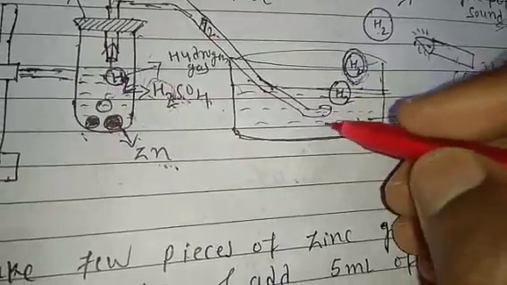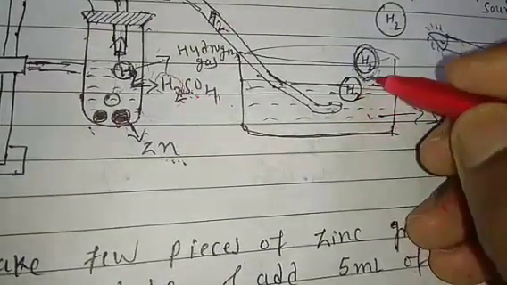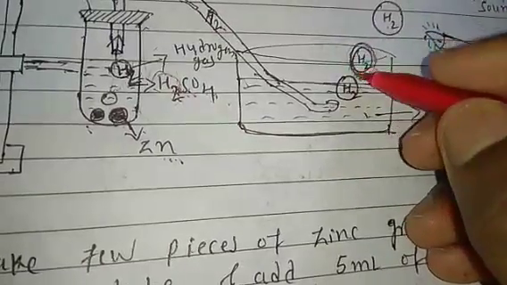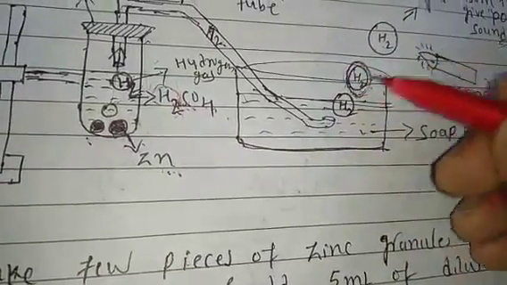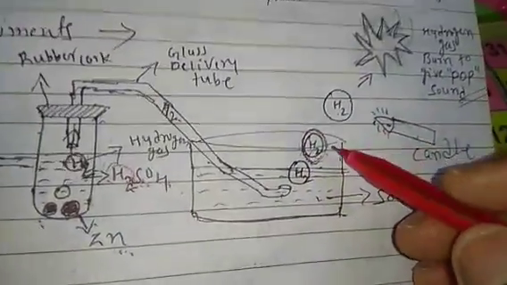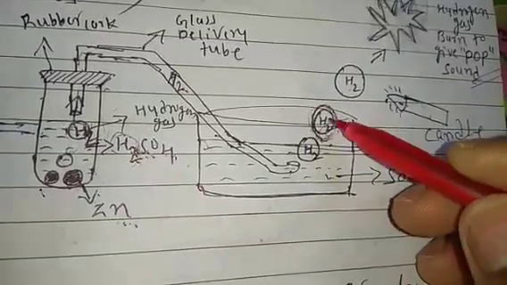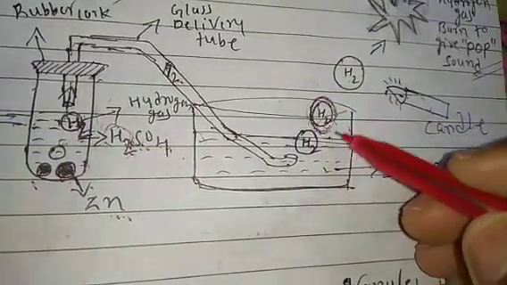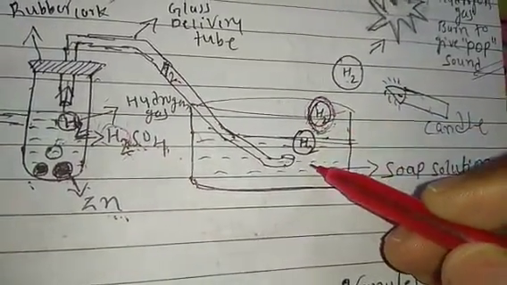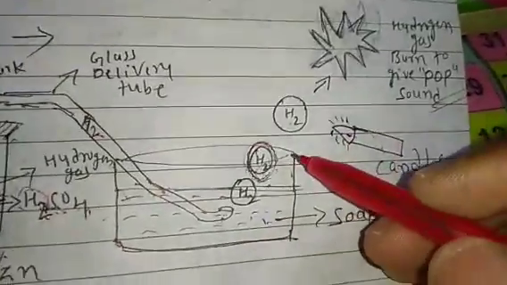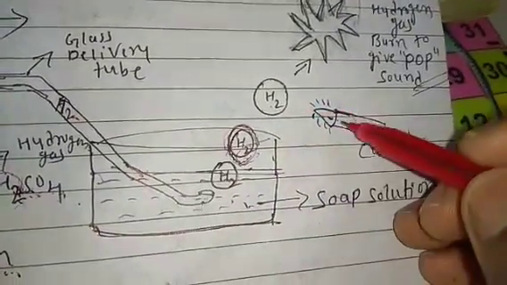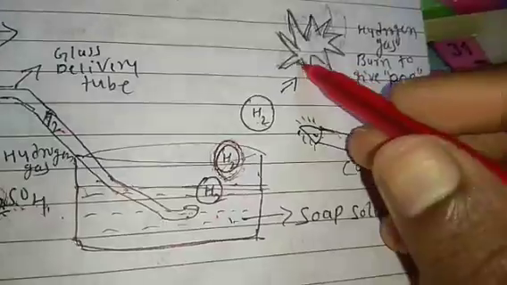After being covered with soap particles, it is easily visible to our naked eyes. Hydrogen gas is visible in the form of soap bubbles. Then we introduce the candle flame to this soap solution, and it gives a pop sound.